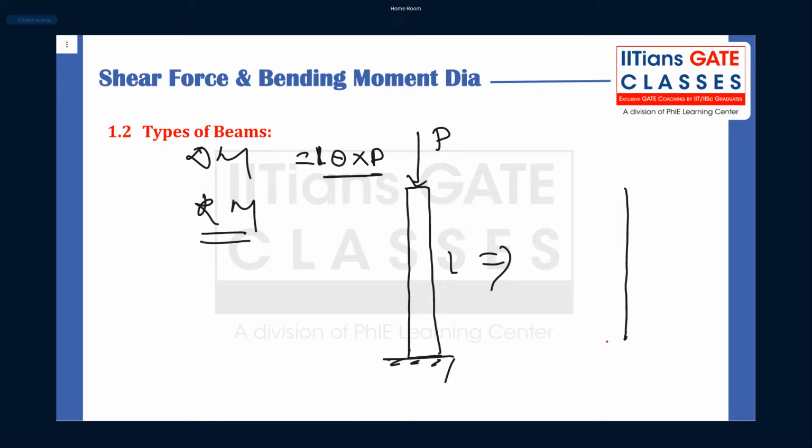Now it has to be idealized as a rigid slender structure with a spring support, with spring stiffness K. Okay, and this is the P load, and this is the length L. Clear, everyone?